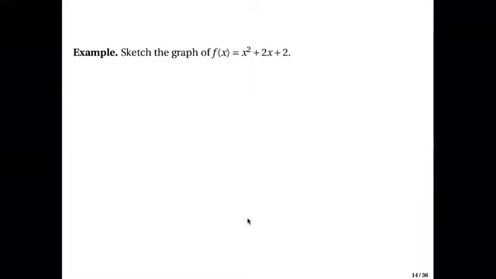In here, we have a equals 1, that's the coefficient of x squared. Your b equals 2. And your c is also equal to 2. So a is positive. You expect that the graph of this opens upwards.